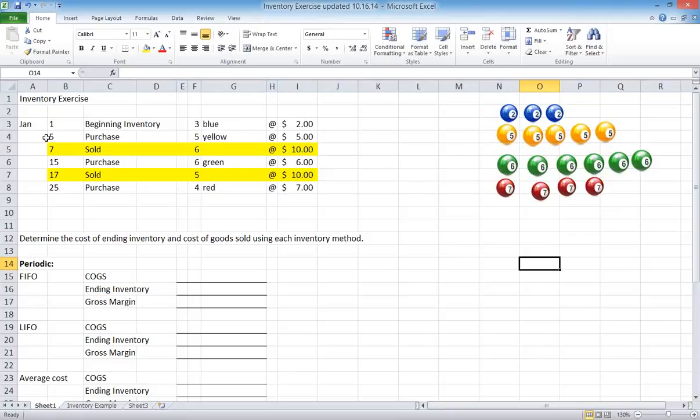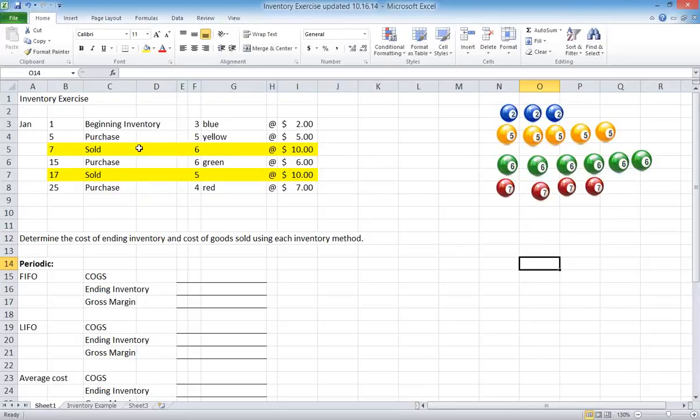For my information here, I had some beginning inventory on January 1st. I had 3 blue items in my inventory at a cost of $2. On January 5th, I purchased 5 more yellow units at $5 a piece. Huge cost increase.